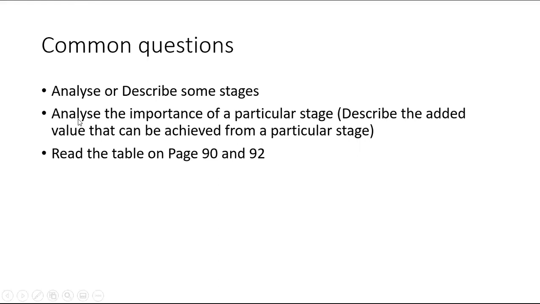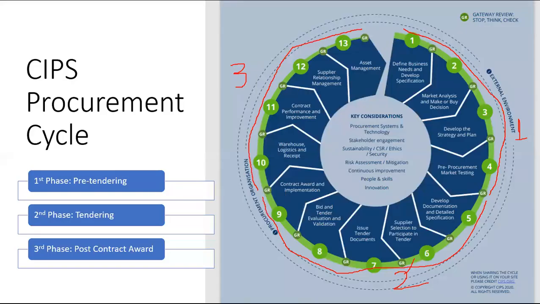The second type of question would be on the importance of a stage, like what is the added value of defining a detailed specification, or what is the added value of good supplier management, a good supplier relationship management, or the value of good contract management.